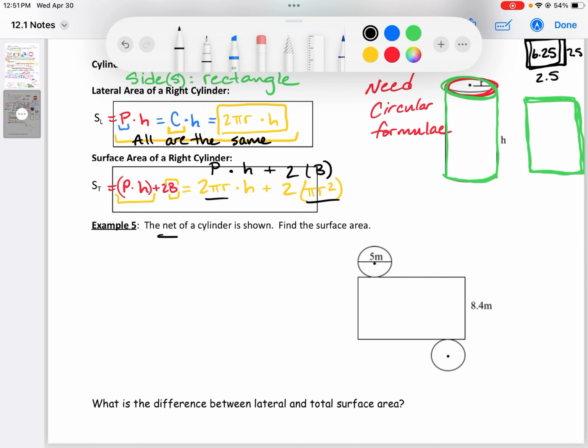All right, let's actually put some of these to use real quick. Example number 5, it says the net of a cylinder is shown. If you're not sure what a net is, it's like if you took a shape and you unfolded it, or you deconstructed it.